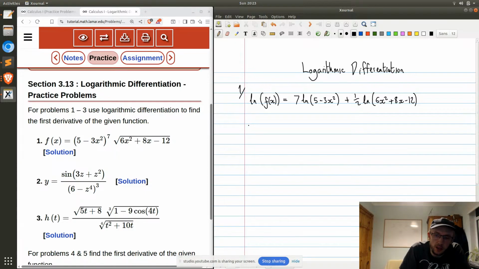Okay, differentiating the natural logarithm of x, we get 1 over x. And then when we differentiate the natural logarithm of f of x, we get, by the chain rule, f prime of x over f of x.